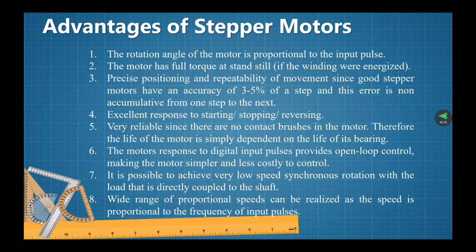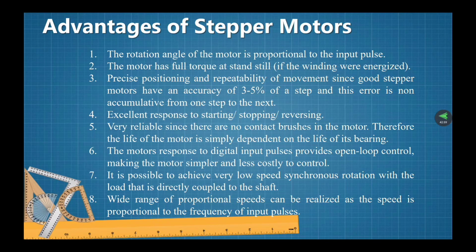The motor's response to digital input pulses provides open loop control, making the motor simpler and less costly to control. It's possible to achieve very low speed synchronous rotation with a load that is directly coupled to the shaft.